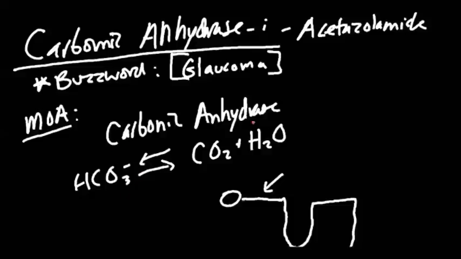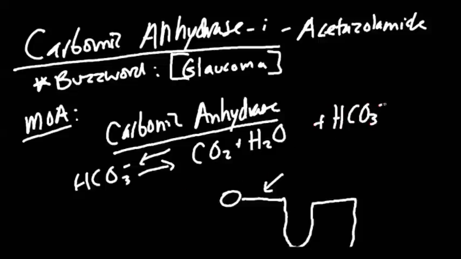This enzyme simply takes carbon dioxide and water and changes it into a bicarb form, or vice versa. So our carbonic anhydrase, remember I said it's used for bicarb reabsorption, and it's also used for bicarbonate formation and reabsorption. Okay, let's figure out how this all pieces together.